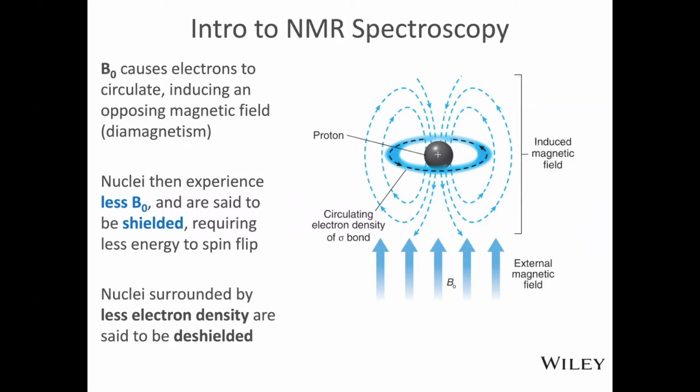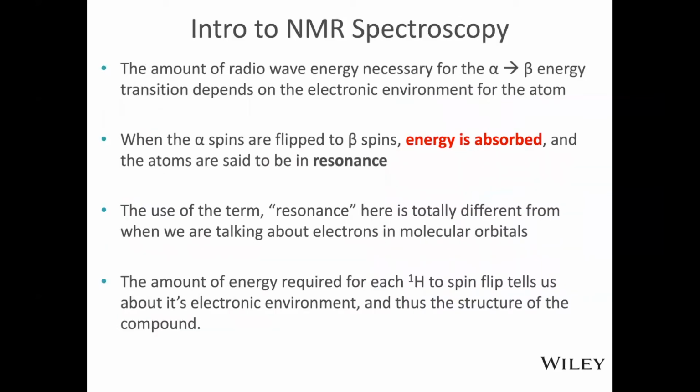Nuclei that are surrounded by less electron density are said to be deshielded, so they're more exposed to the magnetic field, requiring more energy to flip. The amount of radio wave energy that is necessary for that flip from alpha to beta depends on the electronic environment of the atom. It depends on the position of the electrons around that nucleus.